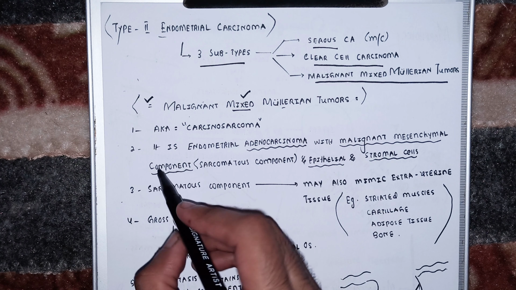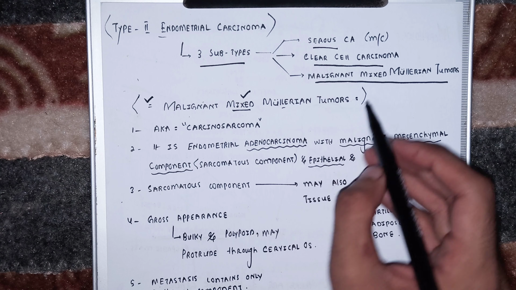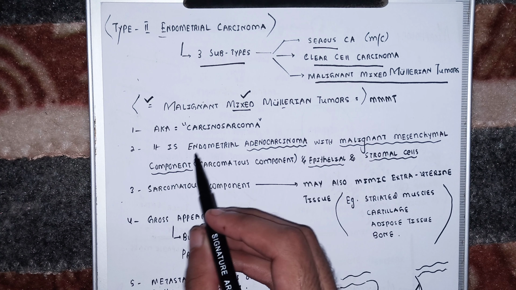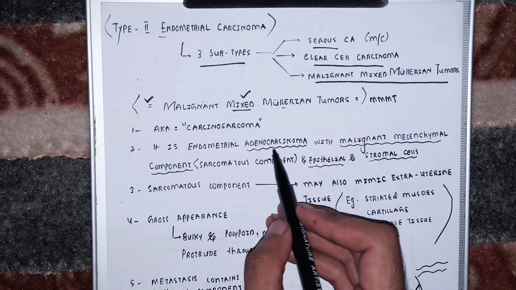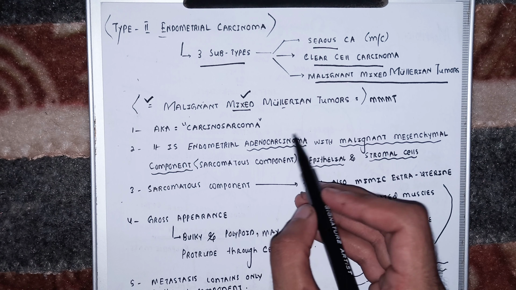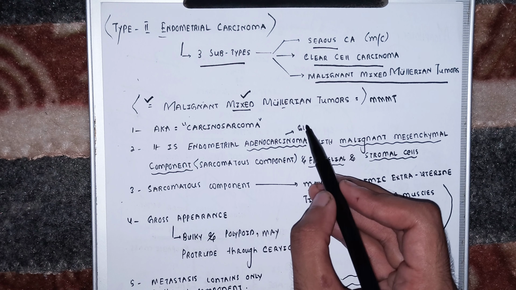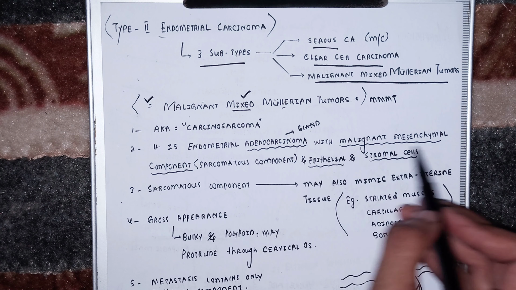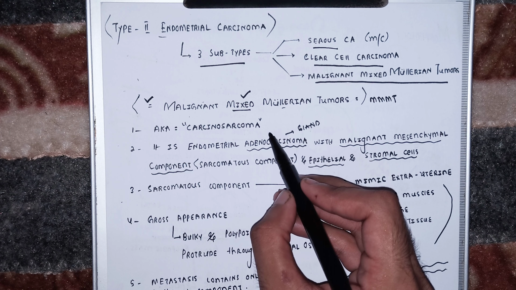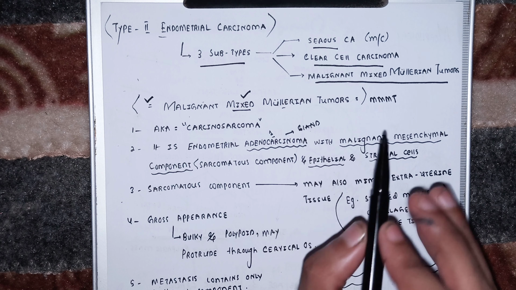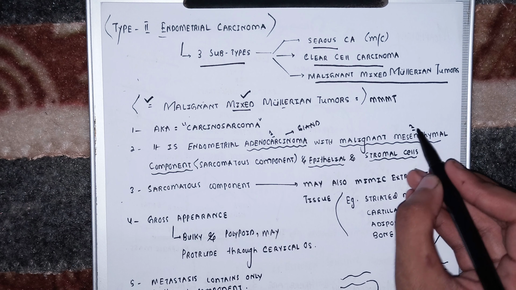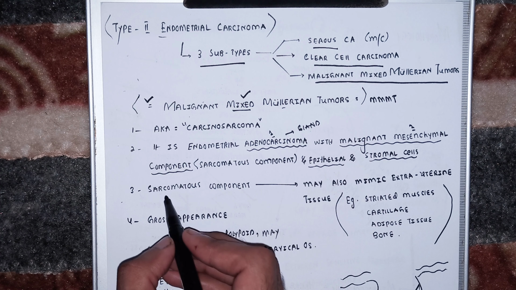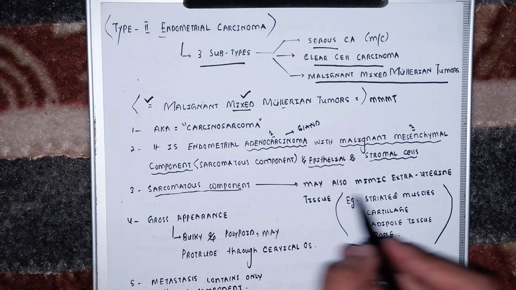Let me tell you, by definition, malignant mixed Mullerian tumor, MMMT, is an endometrial adenocarcinoma, जिसका मतलब कि इसके अंदर ग्लैंडुलर कंपोनेंट होता है विथ मैलिग्नेंट मीजनकाइमल कंपोनेंट. पहला कंपोनेंट एडिनोकार्सिनोमा, यानी कि ग्लैंडुलर कंपोनेंट है. दूसरा मीजनकाइमल कंपोनेंट, जिसको सार्कोमेटस कंपोनेंट भी कहते हैं. और इस सार्कोमेटस कंपोनेंट में क्या क्या आ जाता है बेटा?